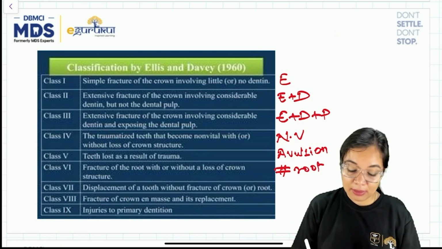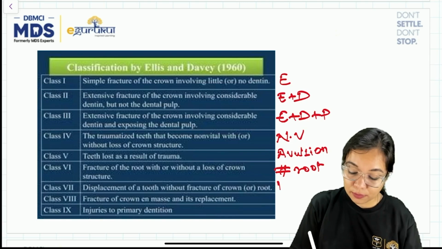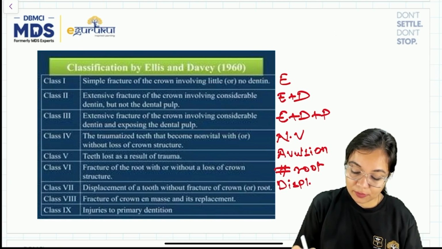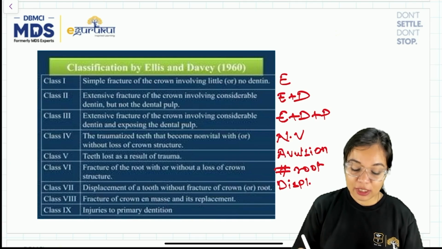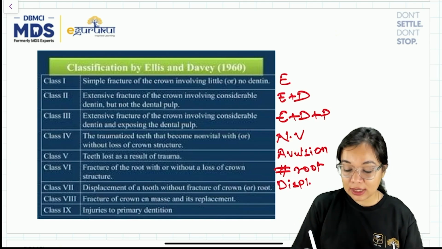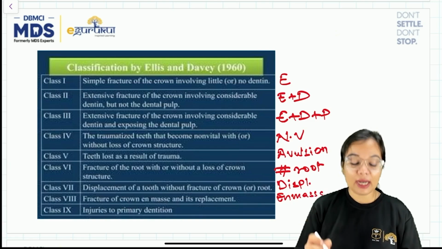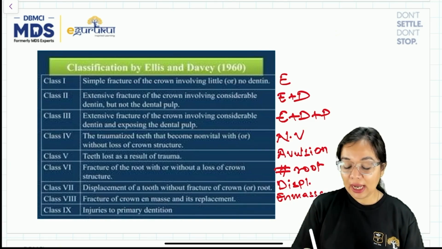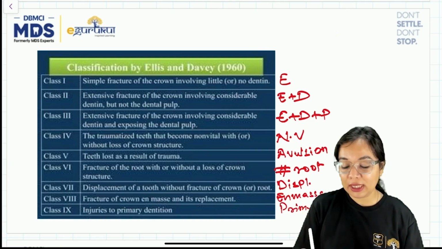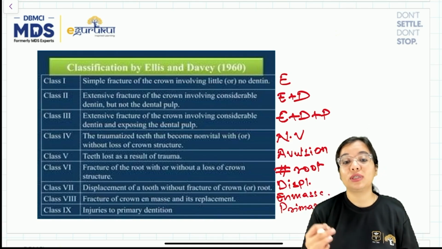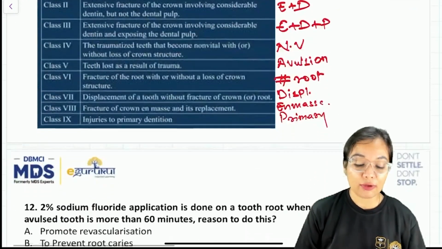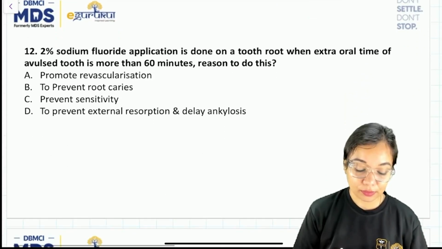Class 7 means displacement of the tooth without fracture of the crown or the root. Class 8 means fracture of the crown en masse. And class 9 means any injury to the primary dentition. So the answer here is class 9 and not class 3. So be careful when you read the questions.